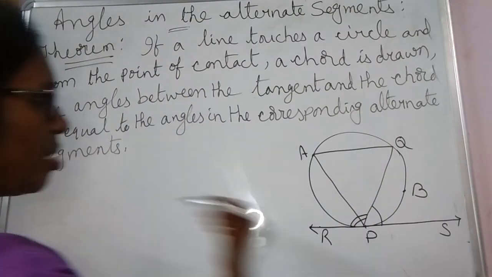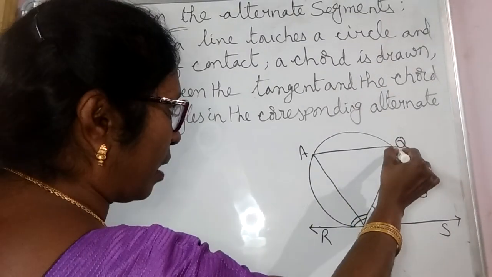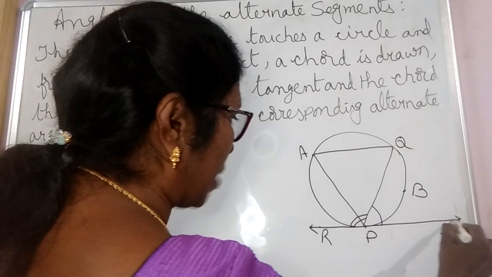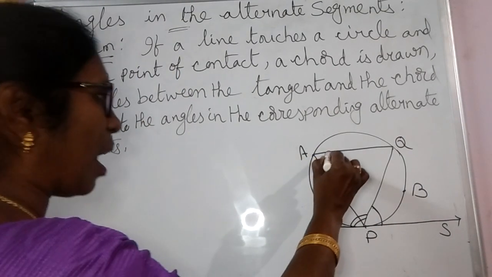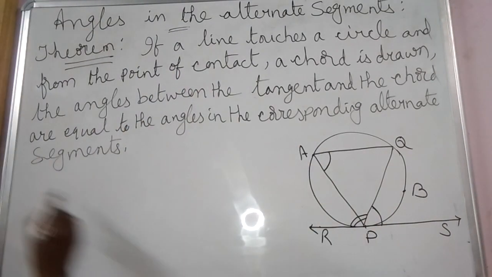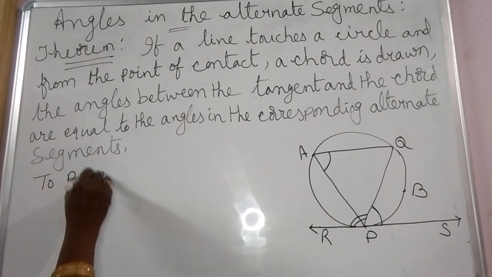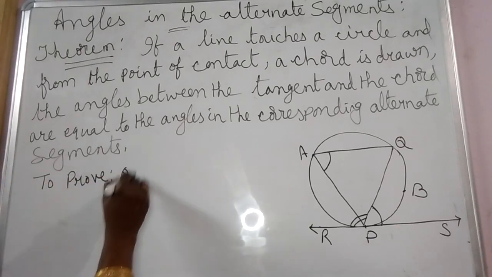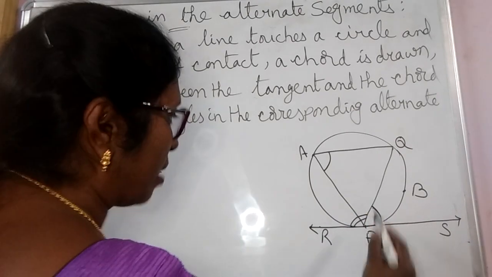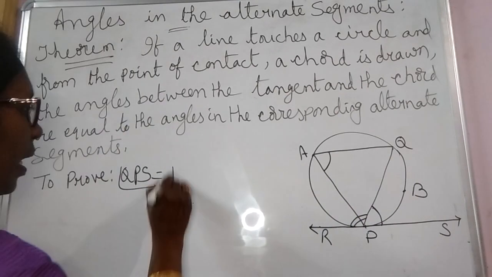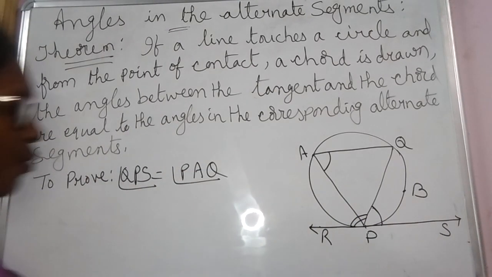So the theorem is, the angles between the chord and the tangent, means one is this, is equal to the angle in the alternate segment. That means we have to prove that angle QPS, that is this angle, is equal to angle PAQ. That is the first one.